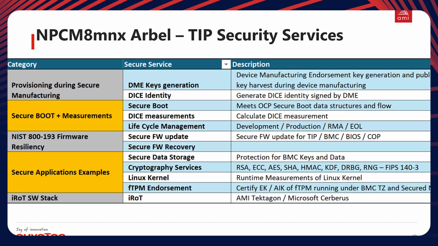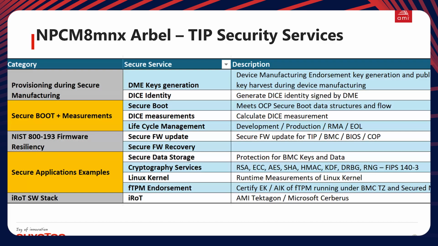There are many ways, but the main idea is that the secrets never leave the integrated root of trust, and the BMC has access to them only when it wants the job to be done. It's never kept outside the reach of the TIP and the TIP only.